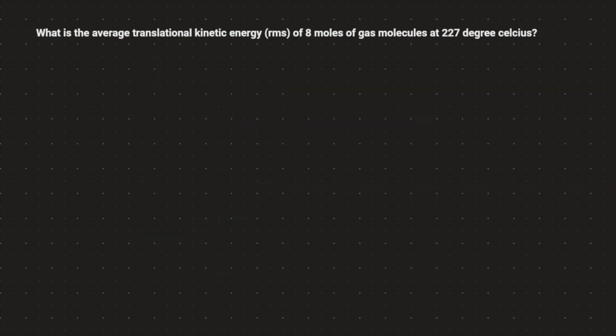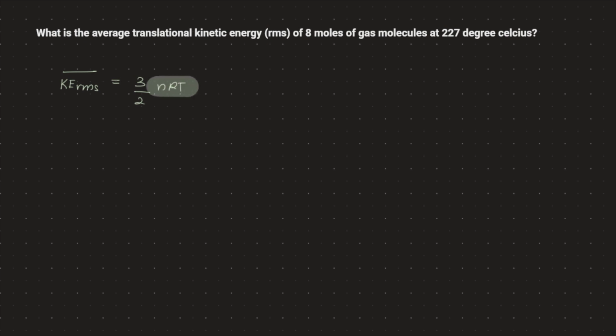What is the average translational kinetic energy RMS of 8 mole of gas molecule at 227 degrees Celsius? The formula for the average translational kinetic energy RMS is KE RMS is equivalent to 3/2 nRT.